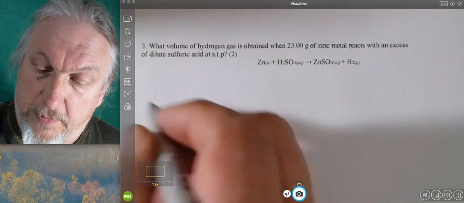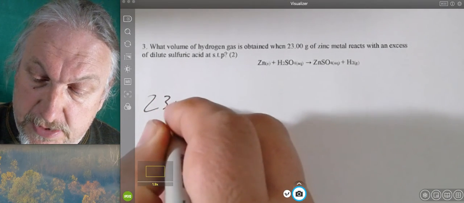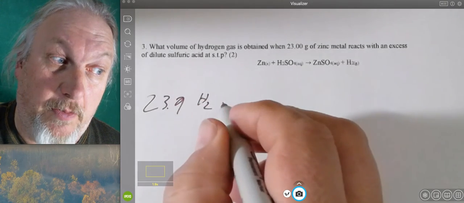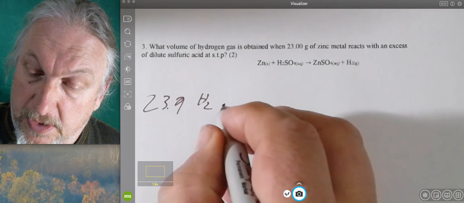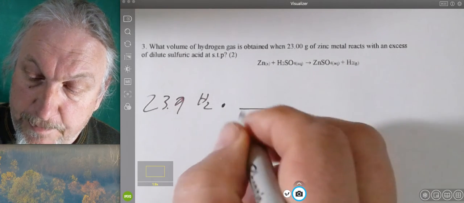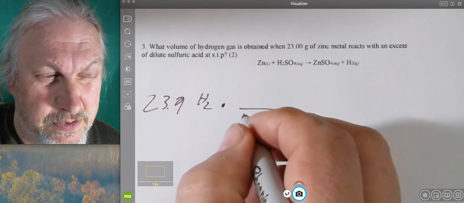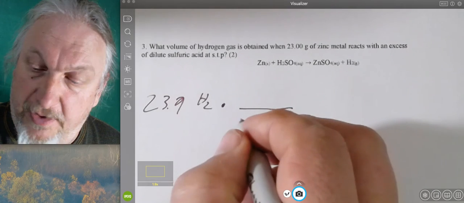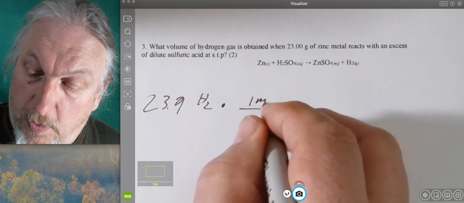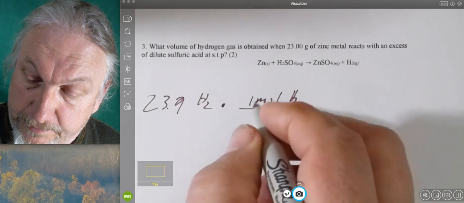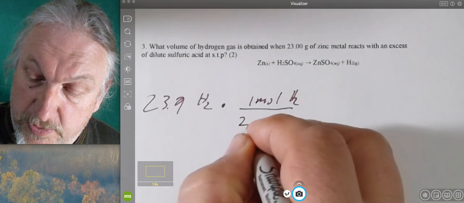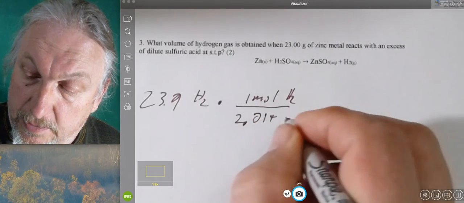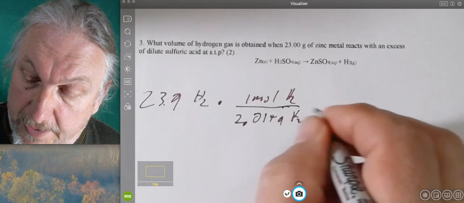So let's see what we started with. It tells me I have 23 grams of hydrogen gas, H2 gas. Don't forget, hydrogen is always diatomic, or always H2. There's 1.0078 grams in one atom of hydrogen, but we have 2. So in 1 mole of hydrogen gas, we have 2.014 something grams of hydrogen, right?